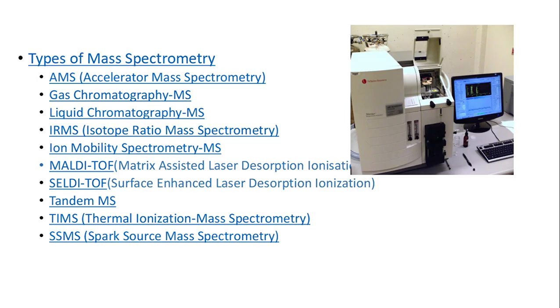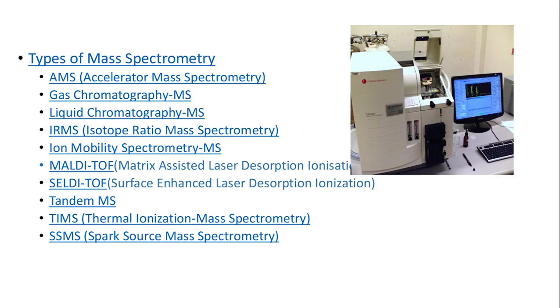So coming to the types of mass spectrometry, there are various types like AMS, that is accelerator mass spectrometry, gas chromatography mass spectrometry, liquid chromatography mass spectrometry, isotope ratio mass spectrometry IRMS, ion mobility spectrometry mass spectrometry, MALDI-TOF, that is matrix assisted laser desorption ionization, SELDI-TOF, that is surface enhanced laser desorption ionization, tandem mass spectrometry, TIMS, that is thermal ionization mass spectrometry, SSMS, that is spark source mass spectrometry.